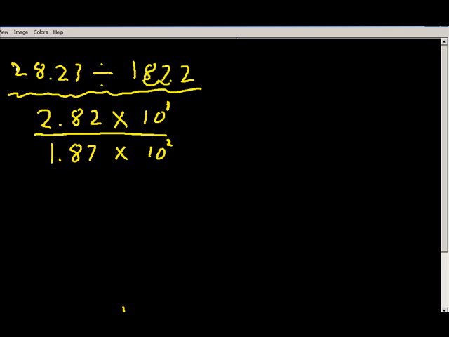Now what we do is we're going to divide the problem into two parts. We're going to work with the exponents separately from these two. And if you take 2.82 divided by 1.87, it gives you 1.51.